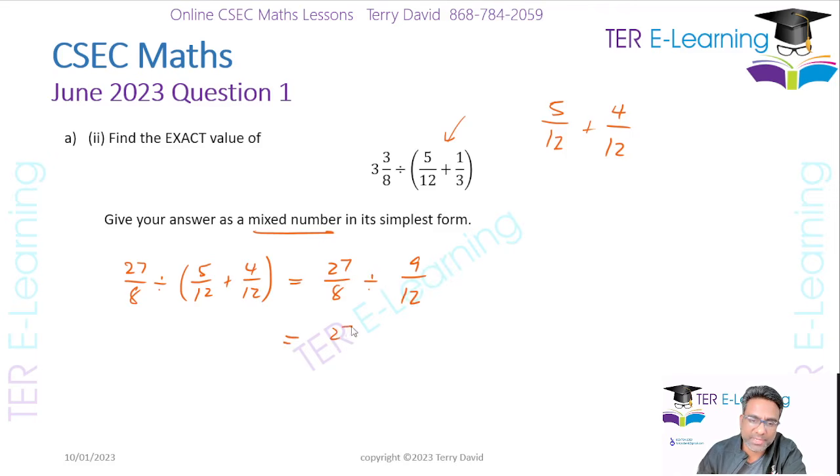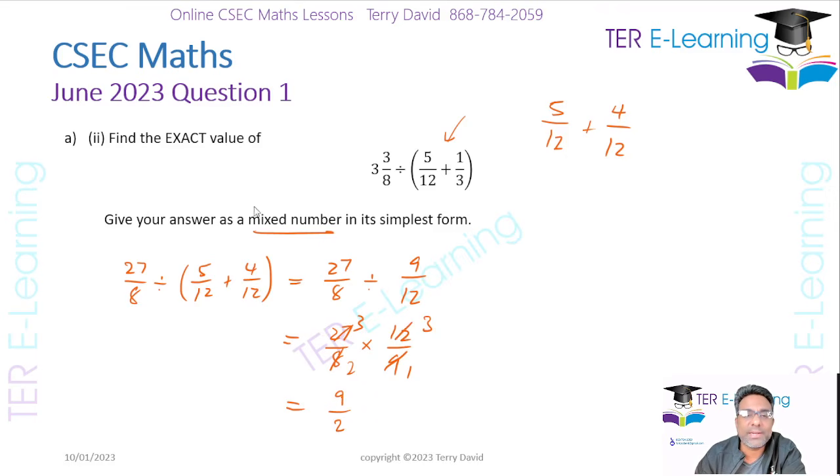So this is going to be 27 over 8. When you're dividing, you have to change it and multiply and invert. So this is going to be 12 over 9. This 9 can go into this 27 3 times. 4 can go into this 8 2 times, and 4 can go into this 12 3 times. So this here is going to give me 3 3s are 9, 9 over 2.